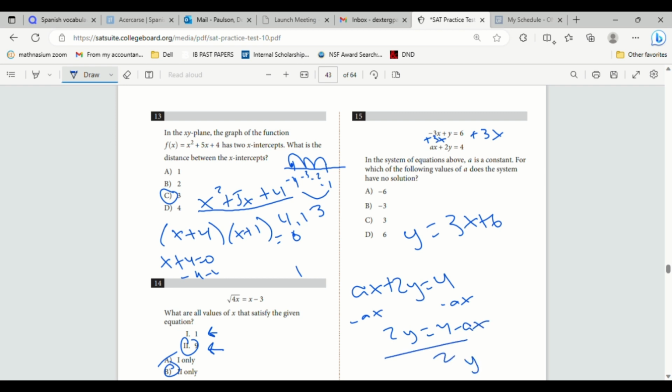So y equals 2 minus ax over 2. Now the slope of the first line is 3, so 3 must equal the slope of my second equation, and that slope is negative a over 2. Solving for a, multiply by 2 on both sides. That's 6 equals negative a, so a equals negative 6.